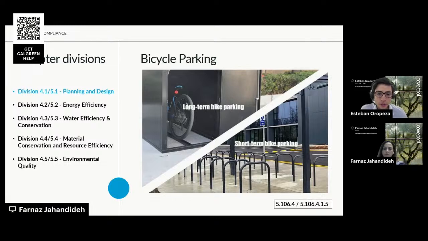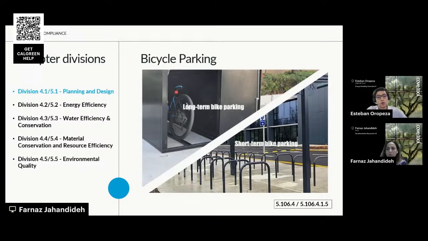For bicycle parking, this is applicable just to non-residential building types. So there are two types. The short term, which is for guests, could just be a regular bike rack, but it needs to be within 200 feet of the entrance, and it's in a ratio of how many parking spaces you have.